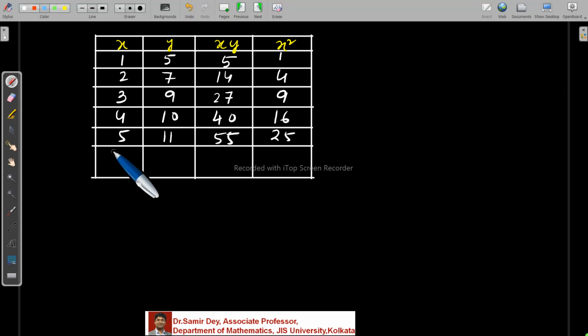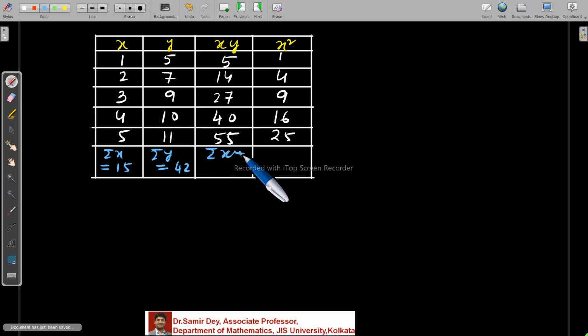Now if I add, that is summation x. Summation x is coming, if I add all together, 5, 10, 15. Please check. Summation x is 15. Summation y is 42.